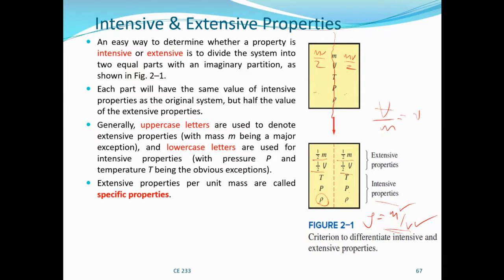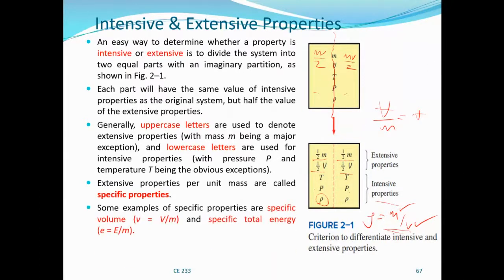Some examples of specific properties are specific volume, specific total energy, small e, which is the total energy per unit mass, and one of them is the flow energy, which is P over rho that we mentioned. This is the energy per unit mass also. Flow energy.